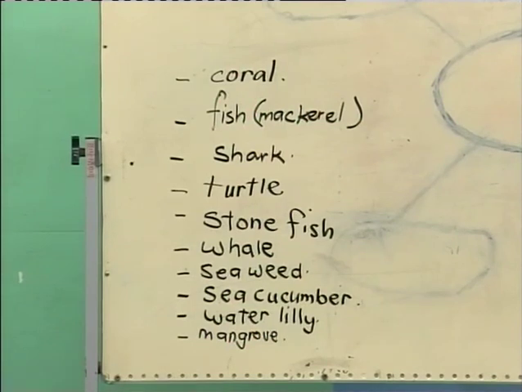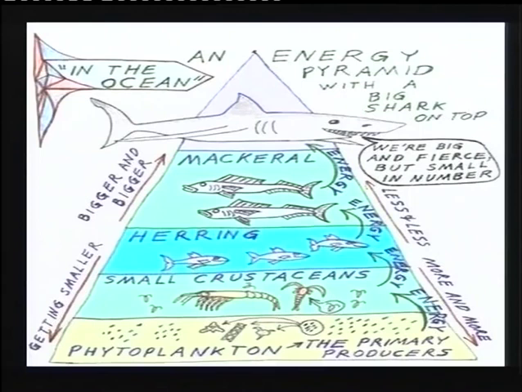Now, referring back to the last ones that you saw, which was the energy in the sea, we could make up a food chain to go along with the food pyramid. And our examples here, we will do that with one of our activities.